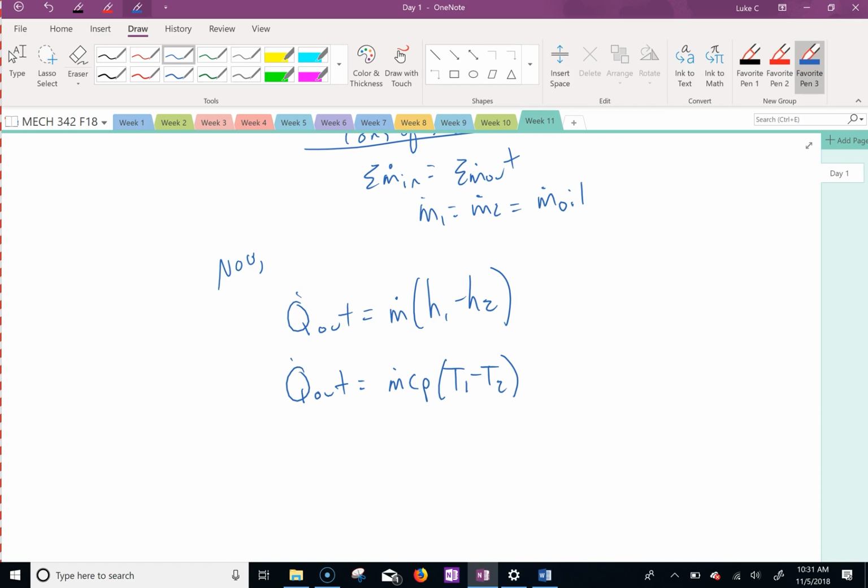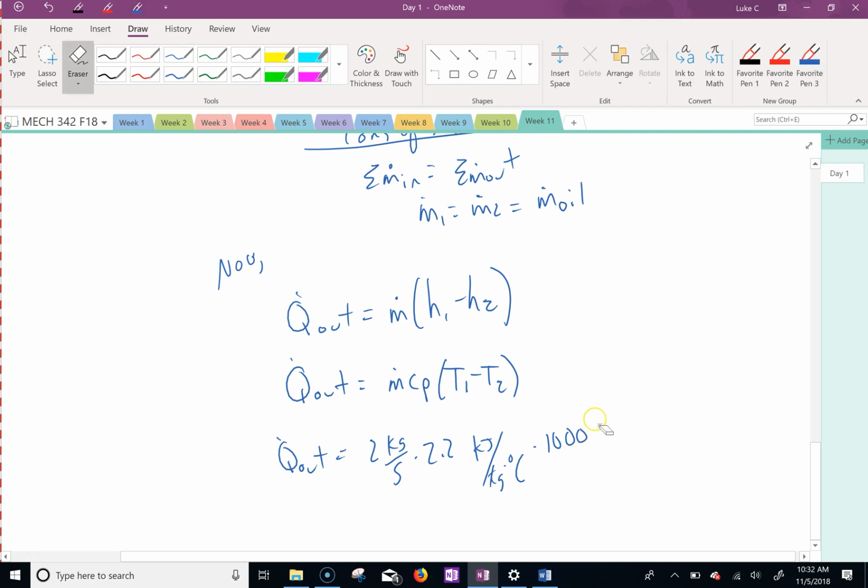And I think we can find it now, right? 2 kilograms per second times, that was 2.2 kilojoules per kilogram degree C times 1 kilojoule, yeah.